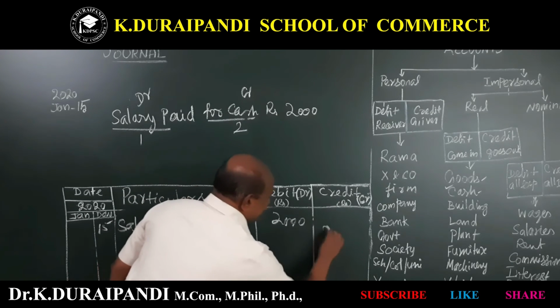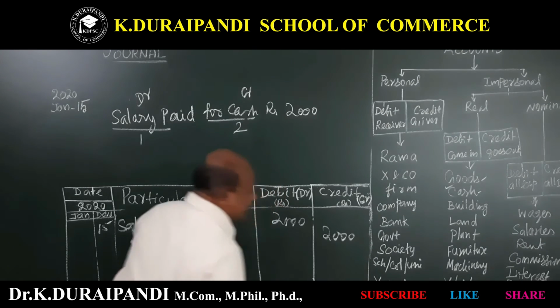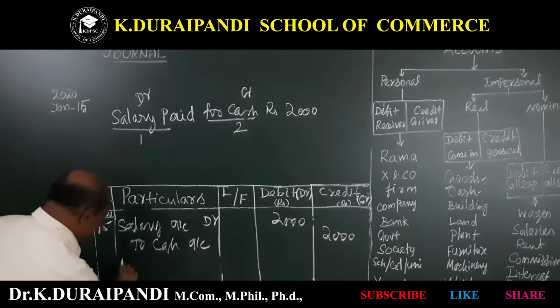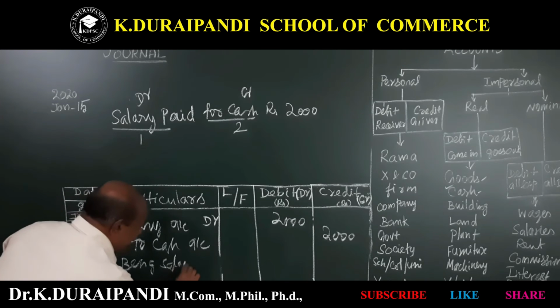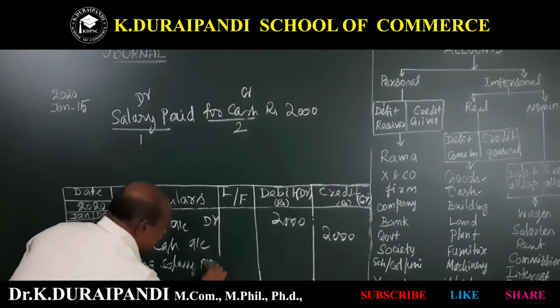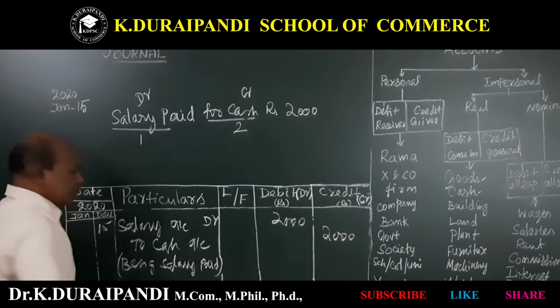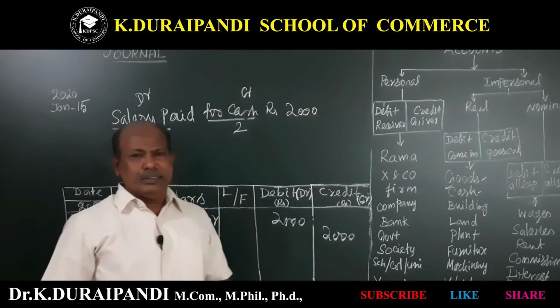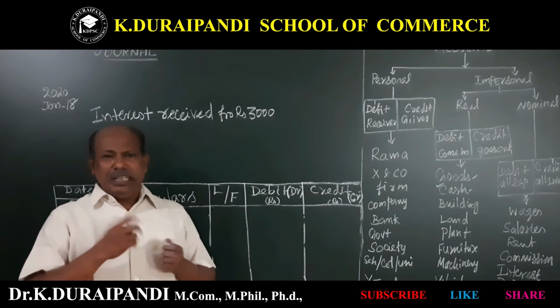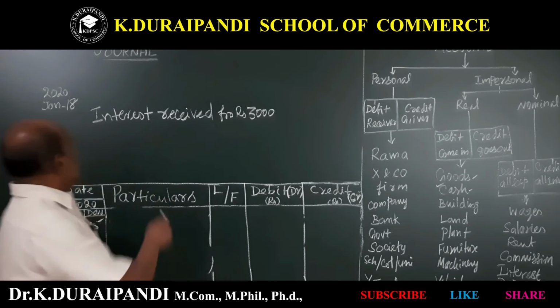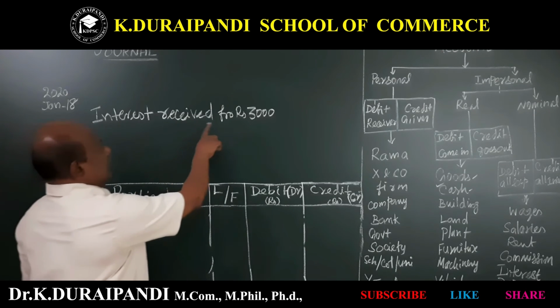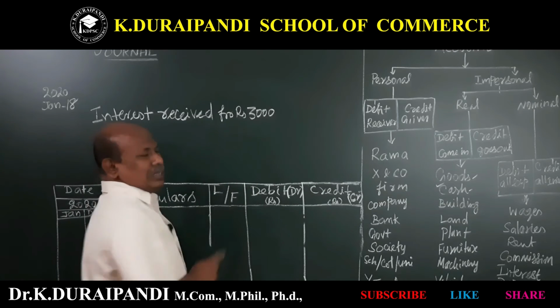In the debit column 2000 rupees, in the credit column also 2000 rupees. Being salary paid. That is the journal.